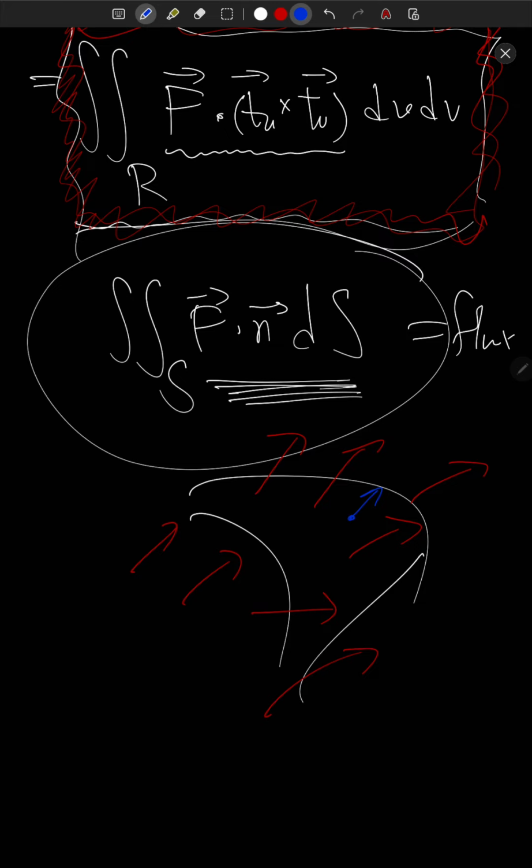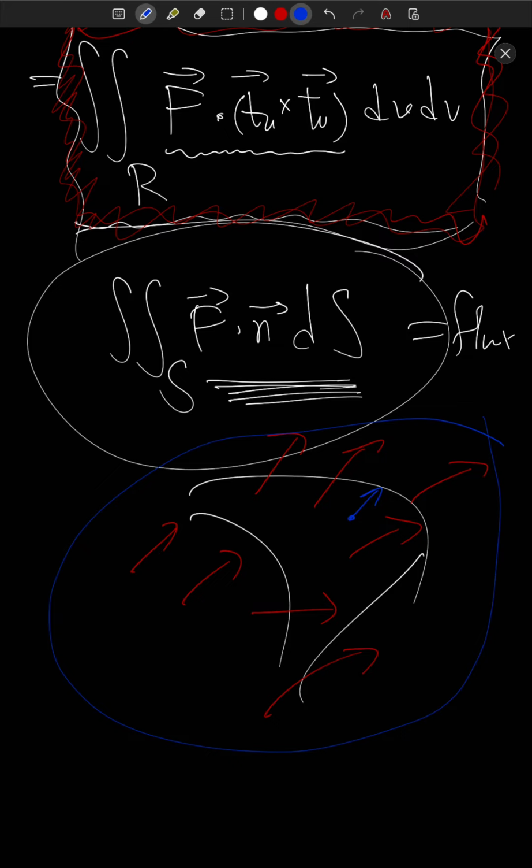So you could use this to check your answers, right? When you do flux problems, look at whether you get a positive or negative answer, and then try to reason out, if you understand what the surface looks like and the vector field is simple enough, whether it should have been positive or negative.